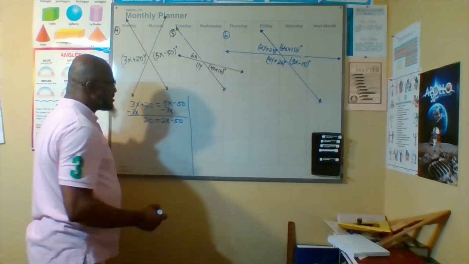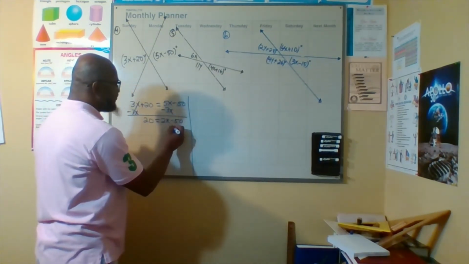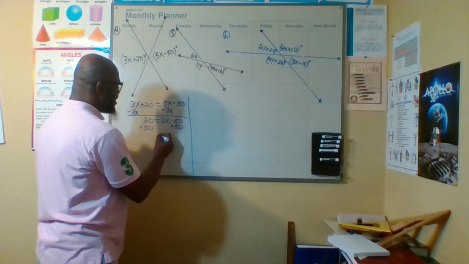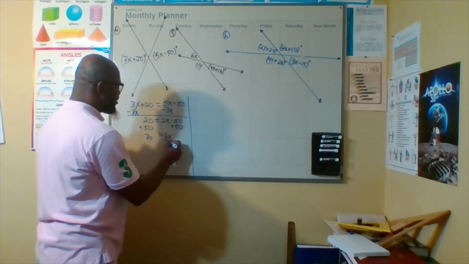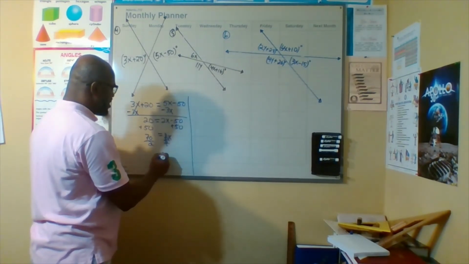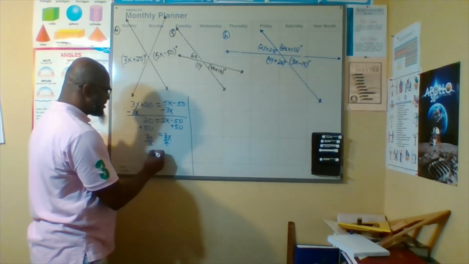Since I need to get x by itself, I will have to add 50 on each side. So I will end up with 70 equal to 2x. So I will have to divide by 2. 2 goes into 70 35 times. In this case, x is 35 degrees.